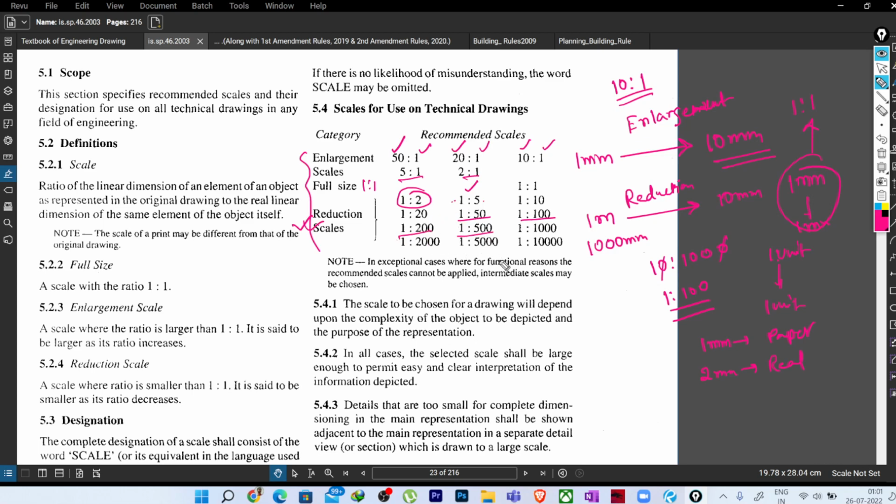So again, these scales you can create as per your requirement, but whenever you are making any scale, though we are writing the exact dimension, if it is 3 meter, we are writing 3 meter itself in the drawing, still you have to mention the scale.